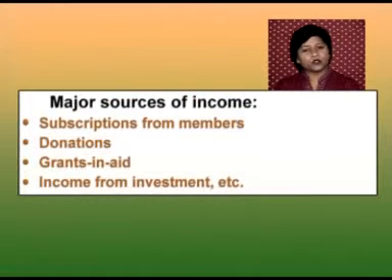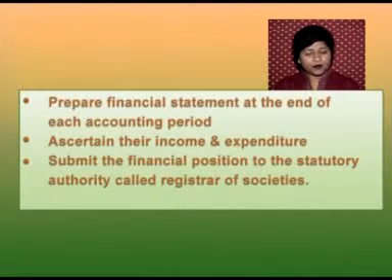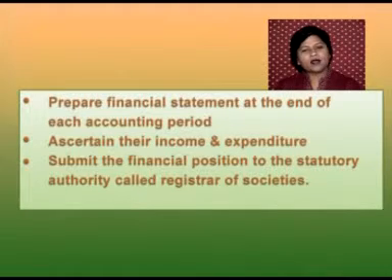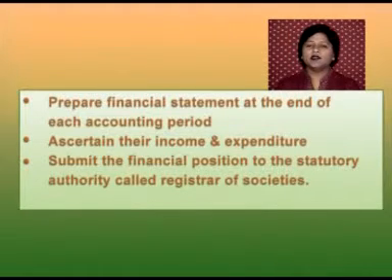The major sources of income for these organizations include subscriptions from their members, donations, grants in aid, income from investments, etc. Since they have to prepare the financial accounts at the end of the accounting period and ascertain their incomes and expenditures, they are required to submit the financial position to the statutory authority called the Registrar of Societies.